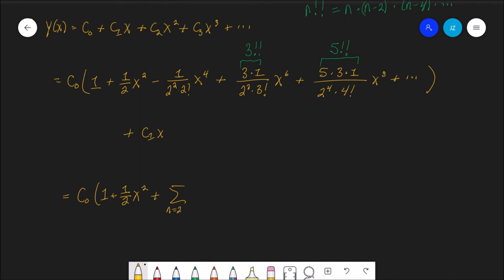It's going to start at 2 and go to infinity, right? Because this is the 0 term, this is the 1 term, here's the 2 term. We notice that these are alternating. Up here, I'm sorry, this should have been a minus. The signs are alternating, so it's going to be a negative 1.